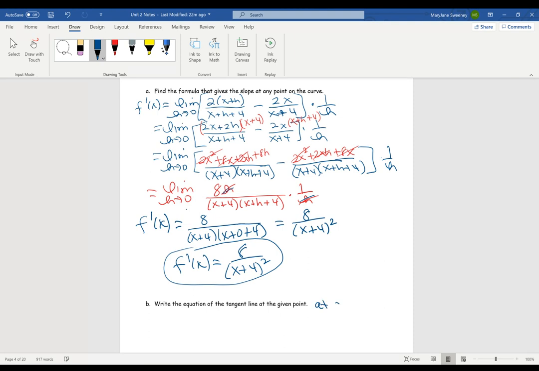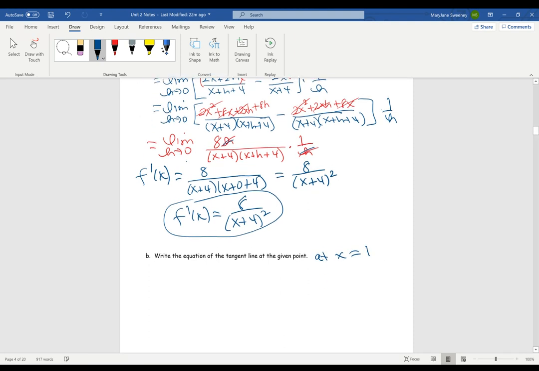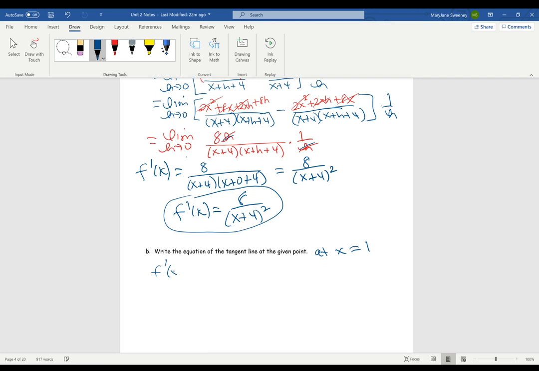This says at x equals 1. So if I take the first derivative and I evaluate when x equals 1, that'd be 8 over 1 plus 4 squared, 8 over 5 squared, 8 over 25. That is my slope when x is 1. I also, in this case, because they didn't give me the y-coordinate, need to figure out what the y-coordinate is.